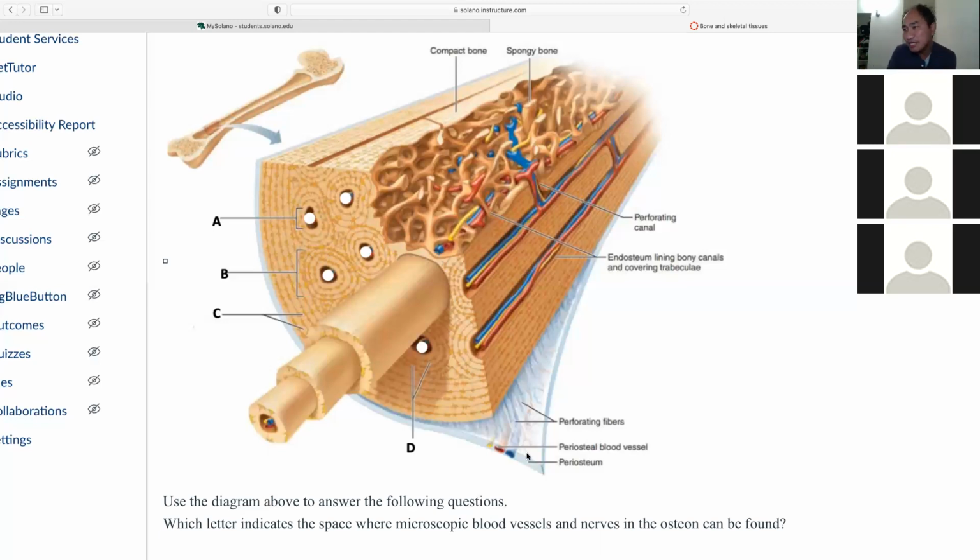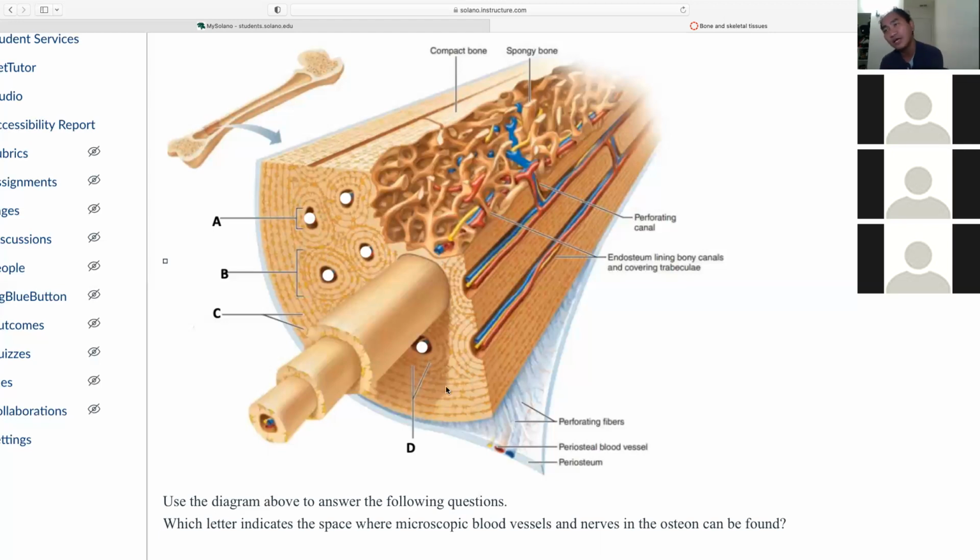Like the periosteum here, which we saw here. We talk about it as something like a blanket which covers the bone. It has two layers, inner periosteum and outer periosteum. Okay, so C is lamellae because it is going around the bone in a circumferential manner along the whole bone.